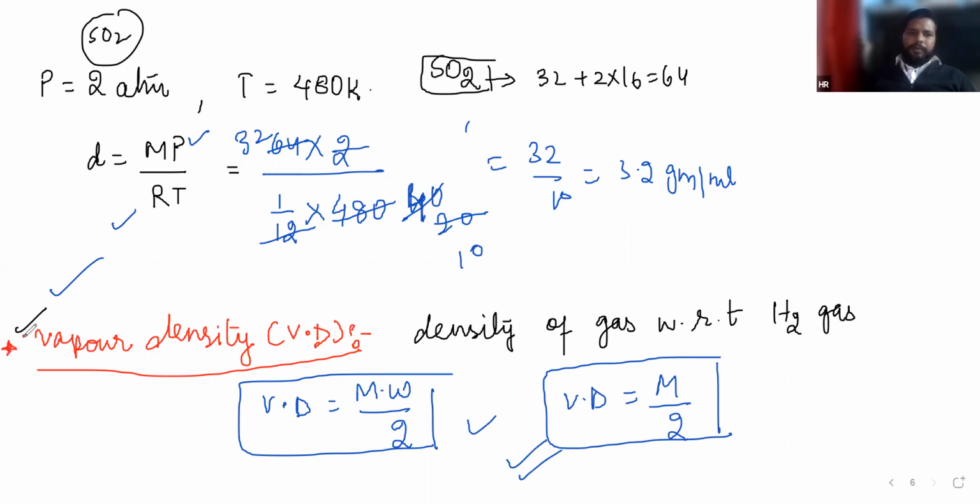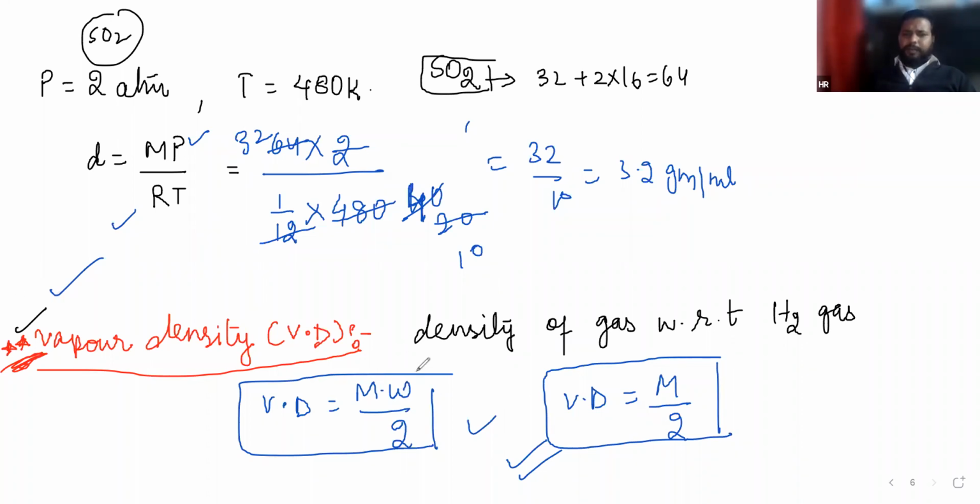It's a very small topic. Write it and let me know. And remember this formula: vapor density equals molar mass upon 2. Sir, what is W, sir?